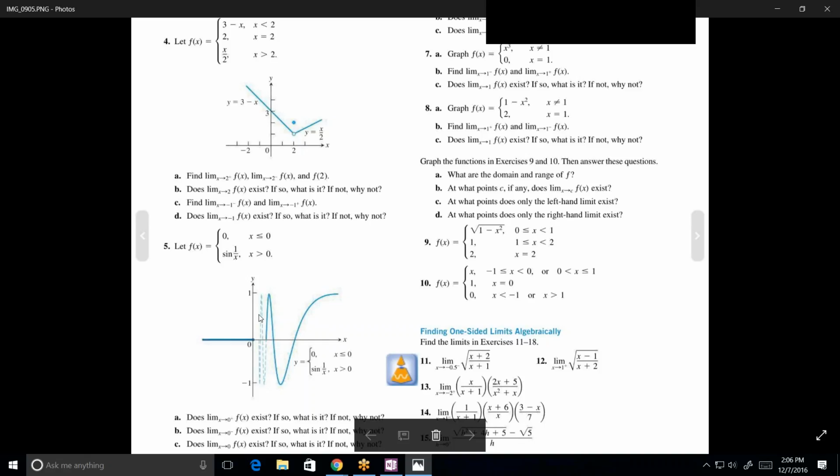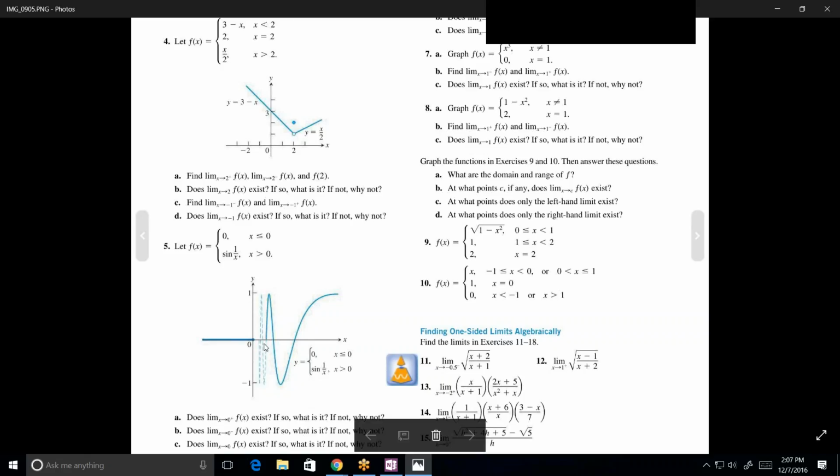So quickly that it makes a difference mathematically. So does the limit as x approaches 0 from the right exist? Yes. Or no, because it's oscillating.